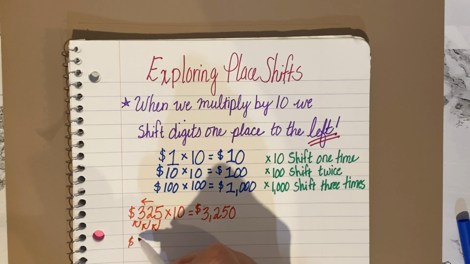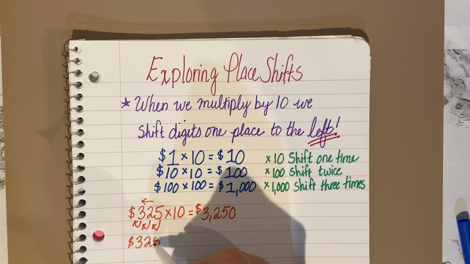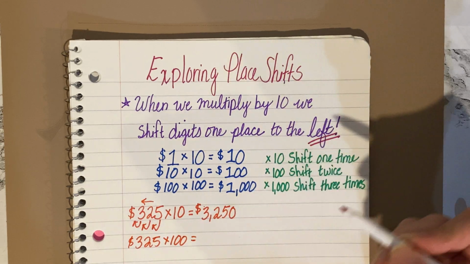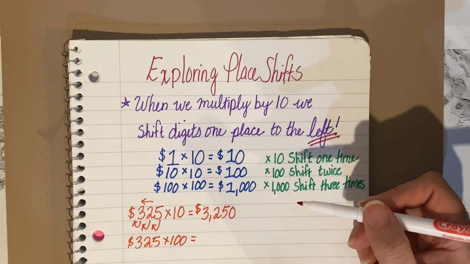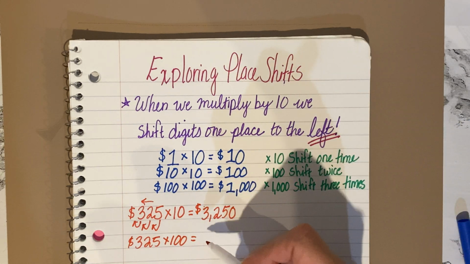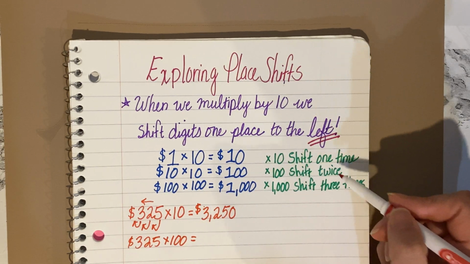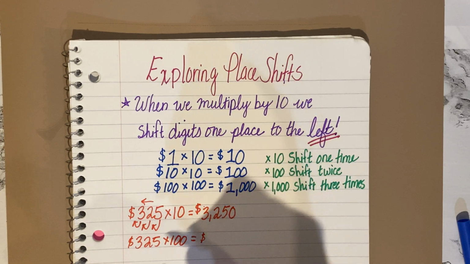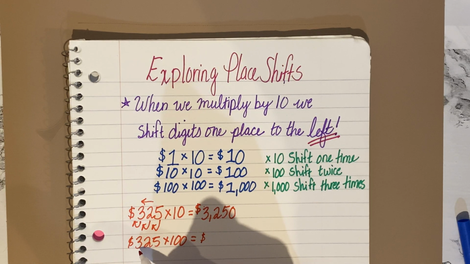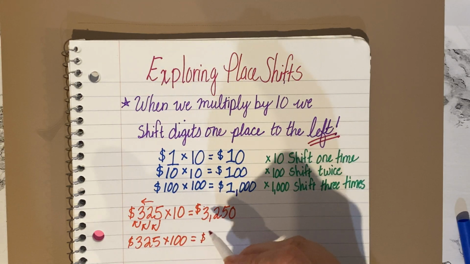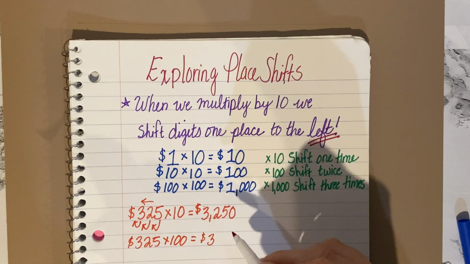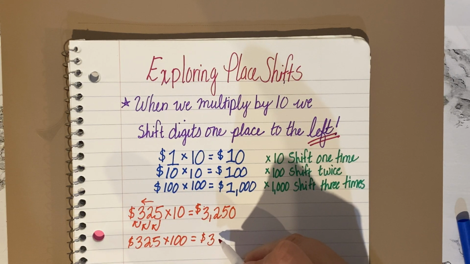If we took that same 325 and we multiply it by 100, we're going to shift twice. So our 3, which is in the hundreds, we would move to the thousands and then the 10,000s. Our 2 is going to move to the thousands.